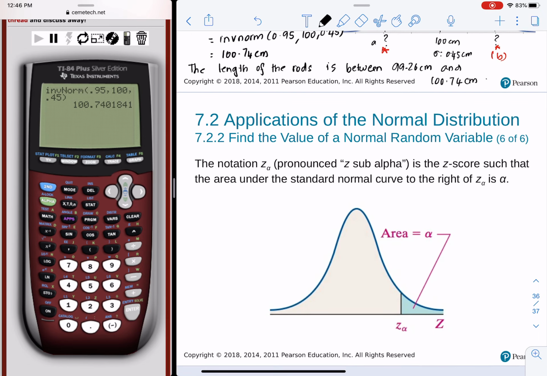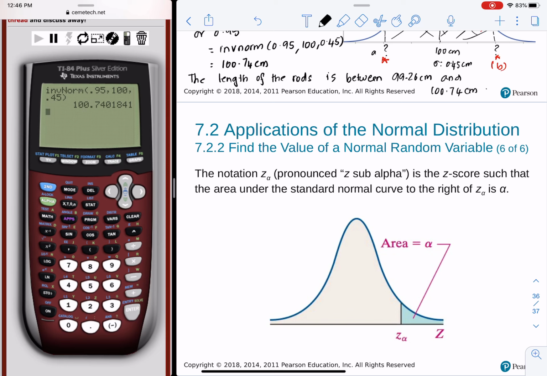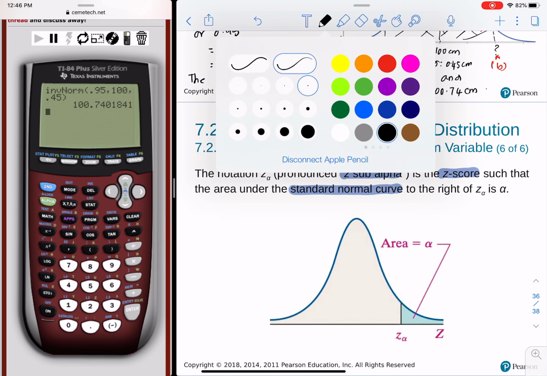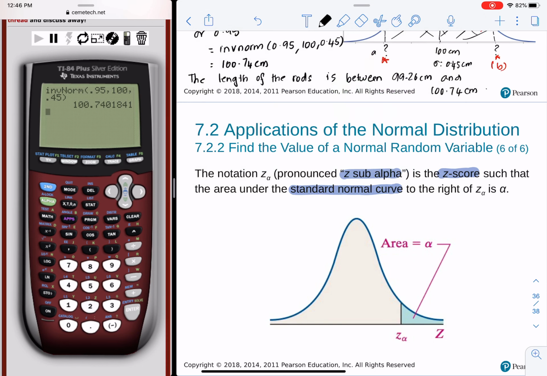So the notation Z sub alpha is the z-score such that the area under the standard normal curve, keep in mind, standard normal curve implies that the mean is 0 and the standard deviation is 1.